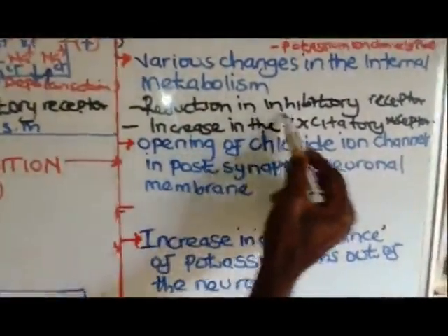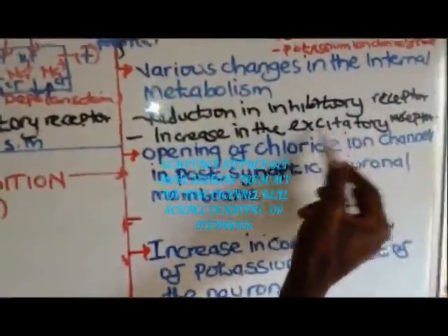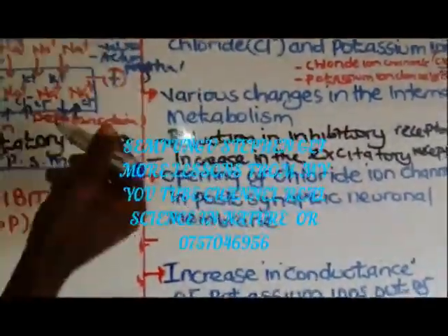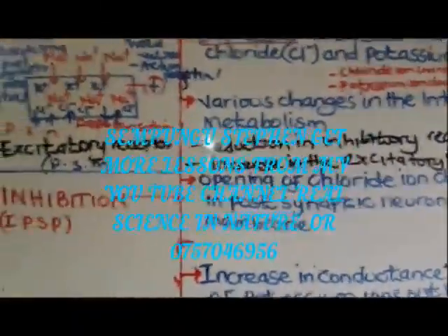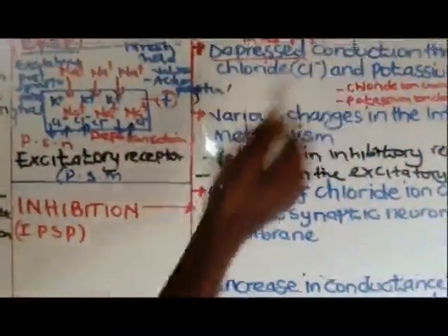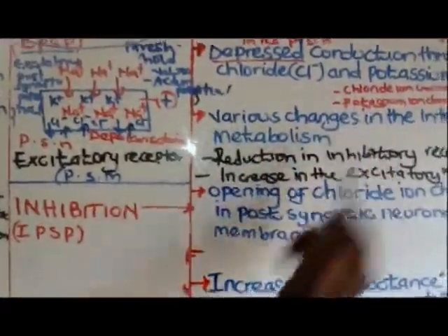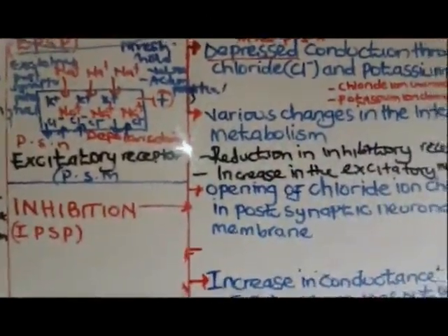So when you reduce inhibitory receptors and increase excitatory receptors, you are going to generate a bigger depolarization. So the three are important: opening of sodium channels, depressed conduction, and various changes in internal metabolism.